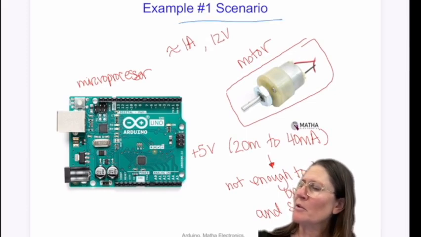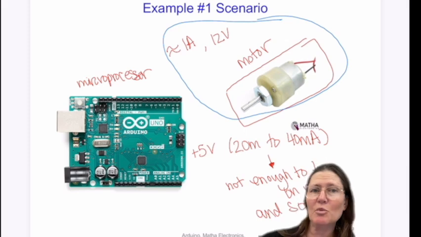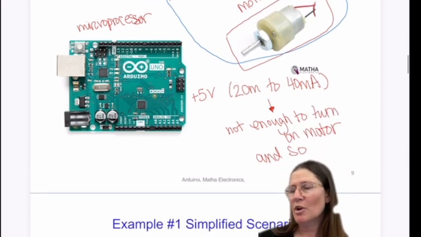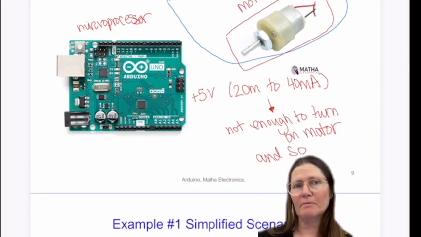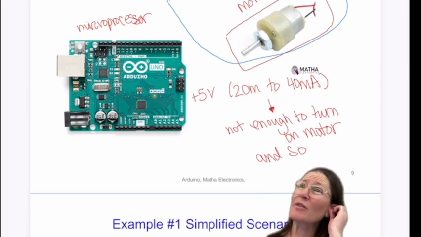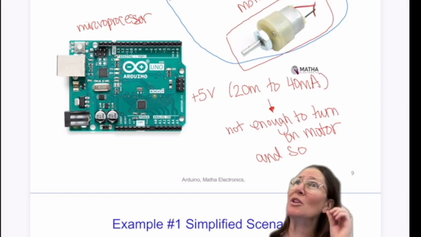Sorry, this wasn't as clear. A motor may need up to 1 amp and maybe 12 volts, where a microcontroller like an Arduino may only give you 5 volts and 20 to 40 milliamps.